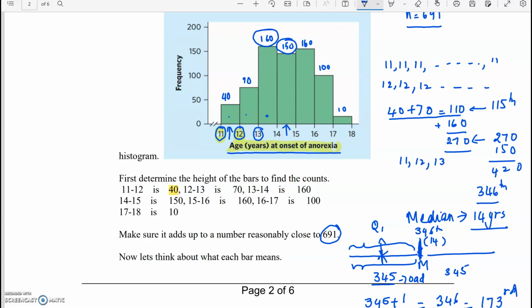So if we add 160, it goes up to 270. So we know that the 173rd number sits in the third bar. And the third bar is 13 to 14, which is 13-year-olds. So your Q1 is 13.